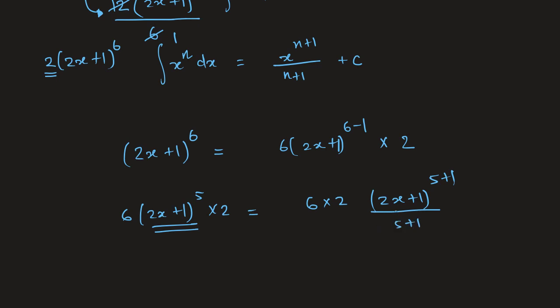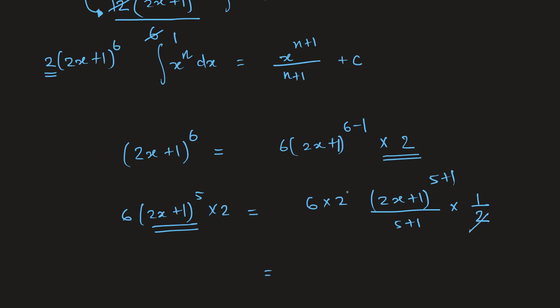How did we get this 2 here? When we differentiated this part, we multiplied by 2, and integration is the reverse process. So instead of multiplying by 2, the reverse would be to divide by 2. Now let's check what we will get.